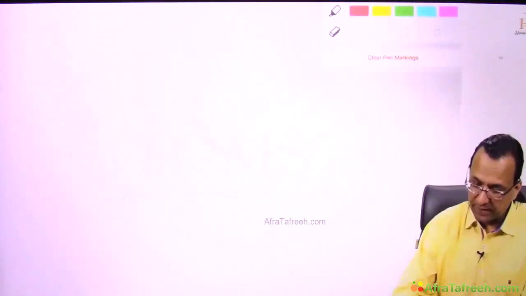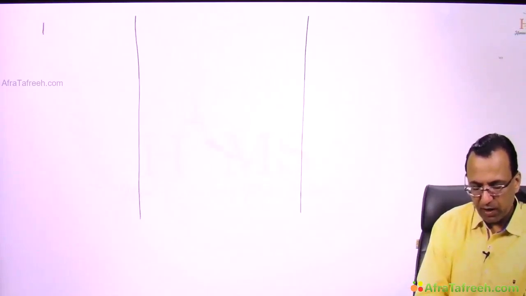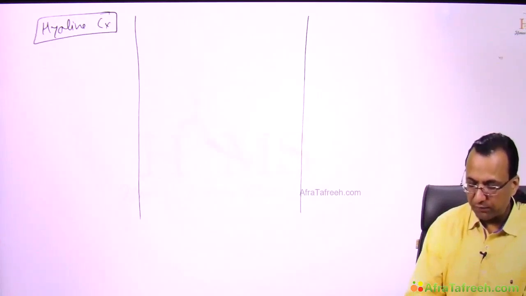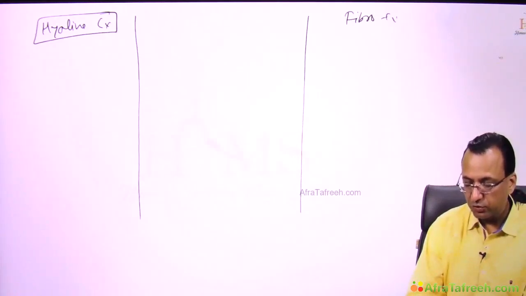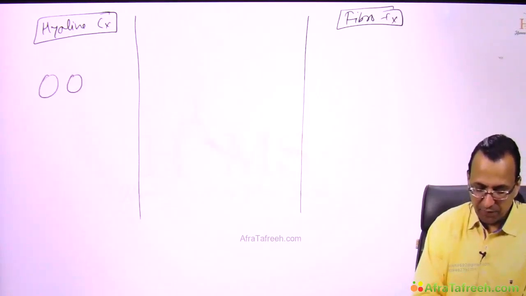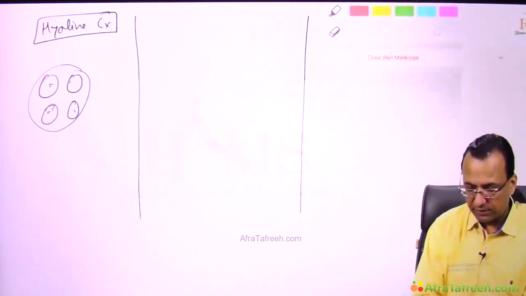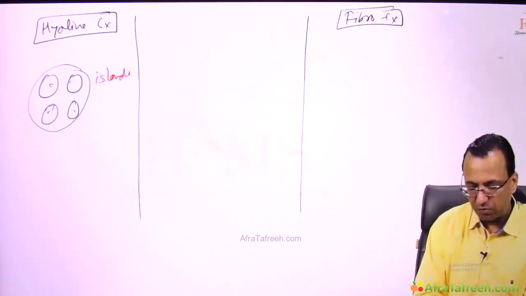As you are comparing the three, which one are they? I will put the hyaline cartilage here and the fibrocartilage there. How will you differentiate between the two? Here I have bunches of chondrocytes, or you can write islands of chondrocytes.